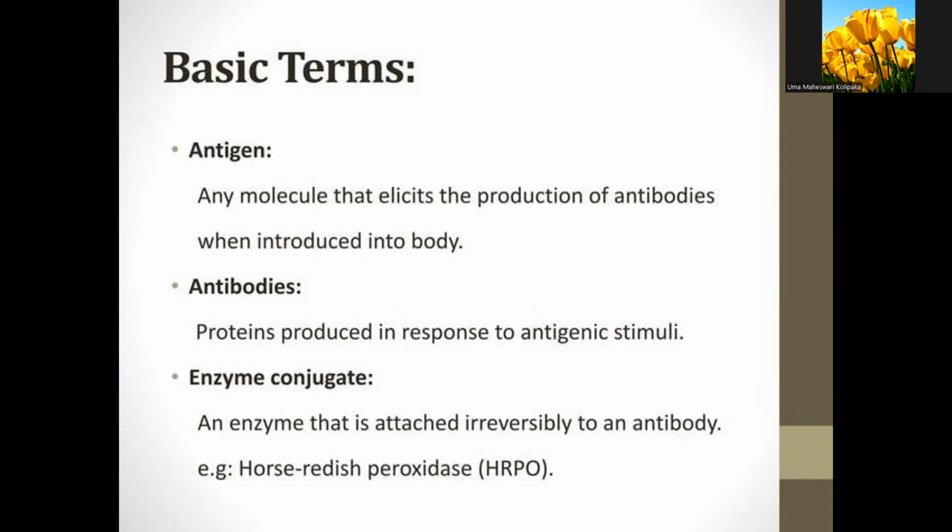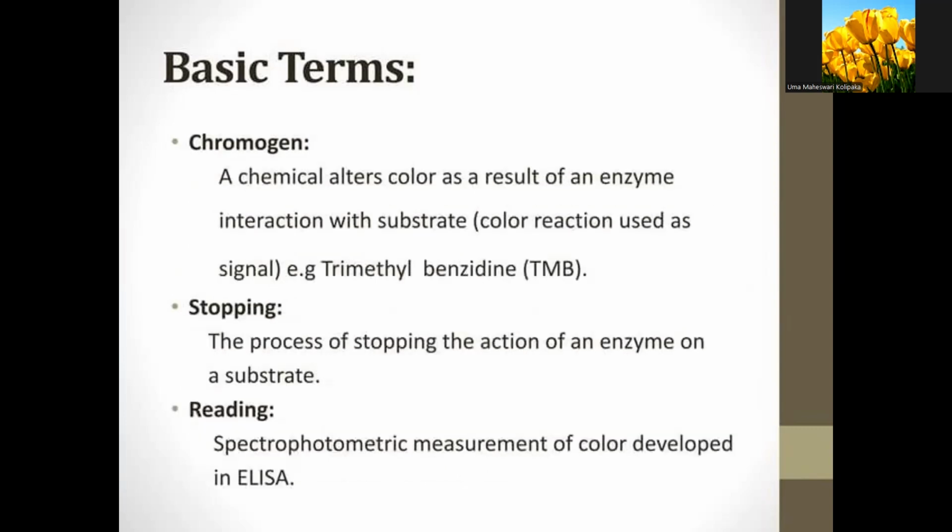Enzyme conjugate means an enzyme that is attached irreversibly to an antibody. Example, horseradish peroxidase. Chromogen, a chemical that alters color as a result of an enzyme interaction with substrate. That is a color reaction used as signal. Example, tetramethylbenzidine.